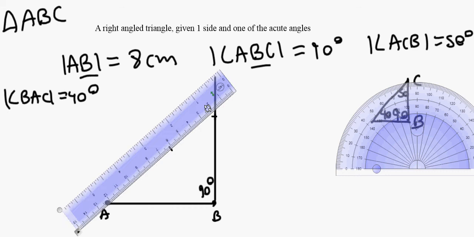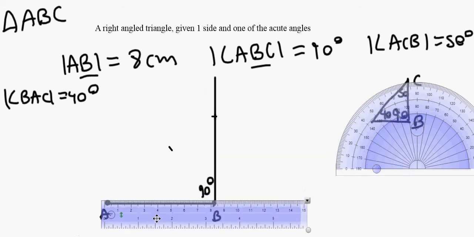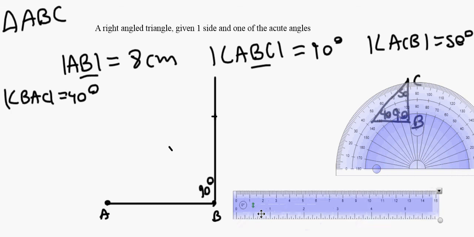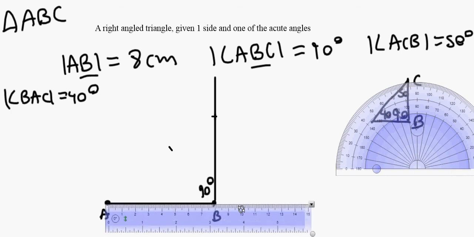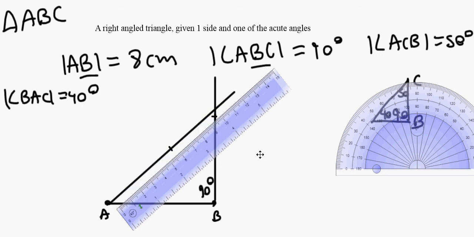Okay, so we'll just rotate this around and get a proper 40 degrees. So what we need to do is just put it through the points. So it goes up 40 degrees through this point here. Then we know there's our triangle there, and that's the angle C.